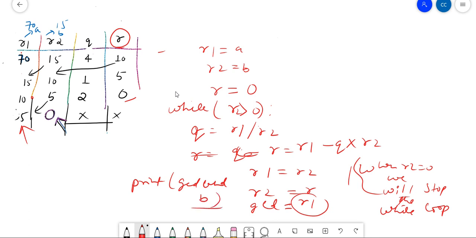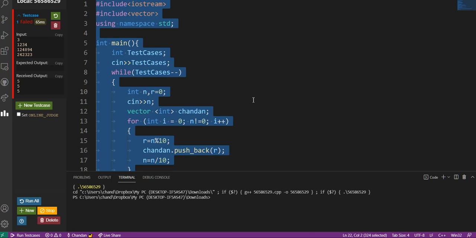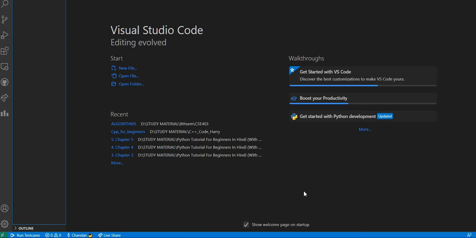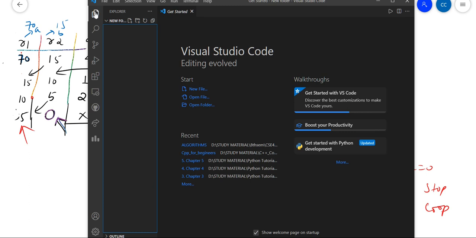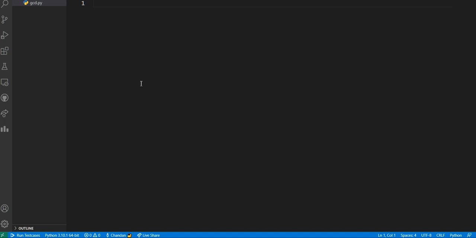So let's go to the implementation part in VS Code. I'll write the code, gcd.py, right?